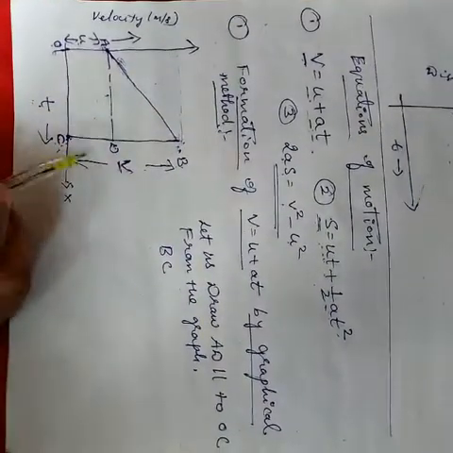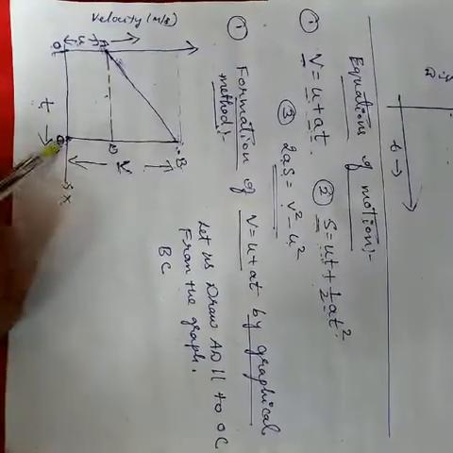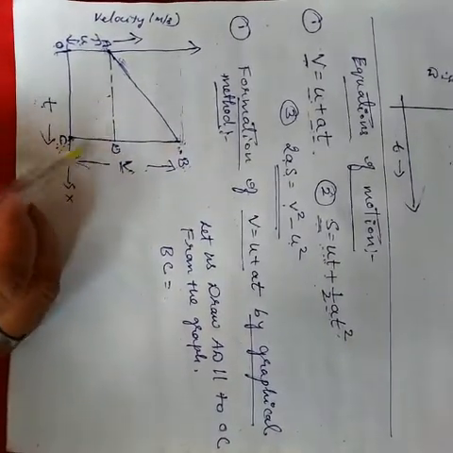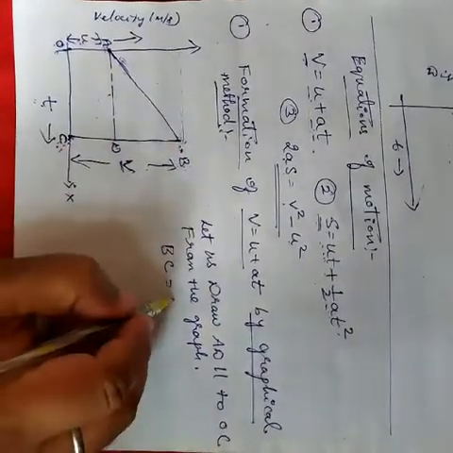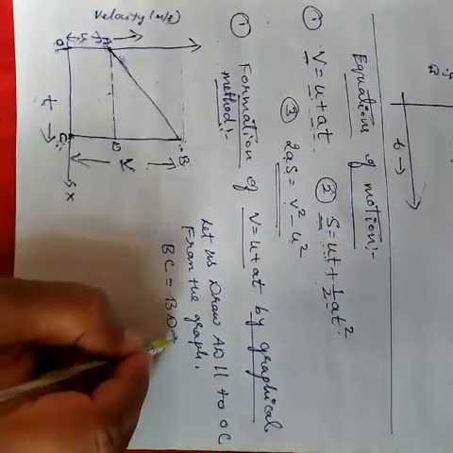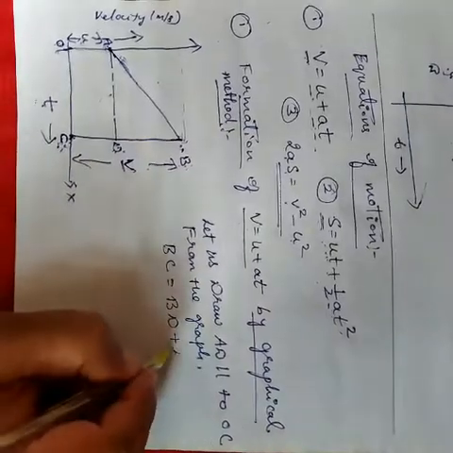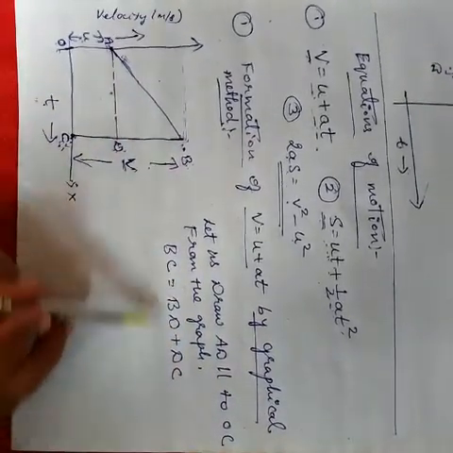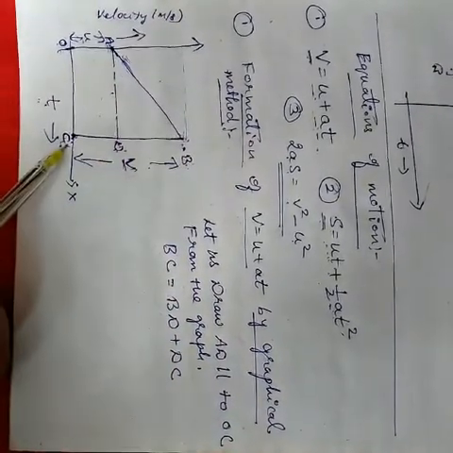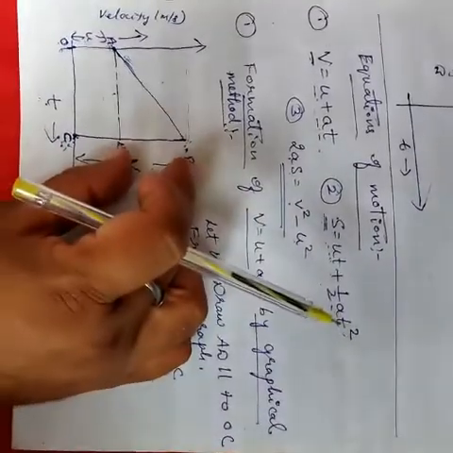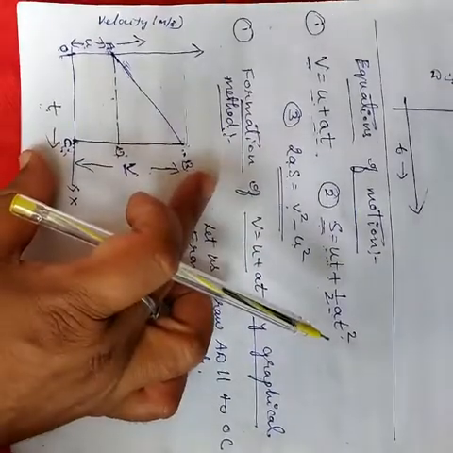So we can write BC is equal to BD plus DC. We can write the total BC as BD, we are just splitting it, plus DC.